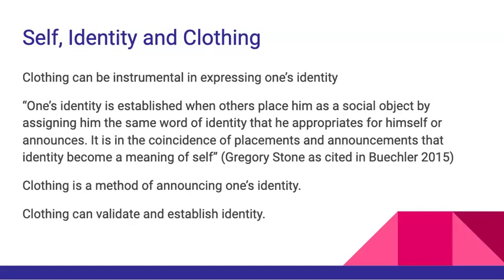It is a coincidence of placement and announcements that identity becomes a meaning of self. And so we're really looking at how truly our identities are shown through our clothing. And clothing can validate and establish identity too. So clothing is very much tied to identity and self.